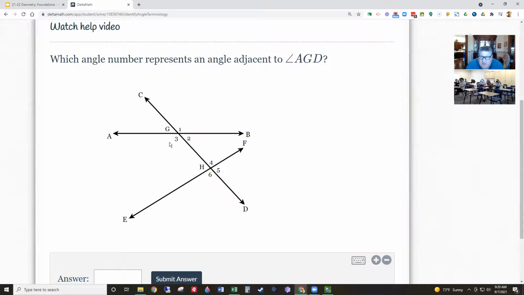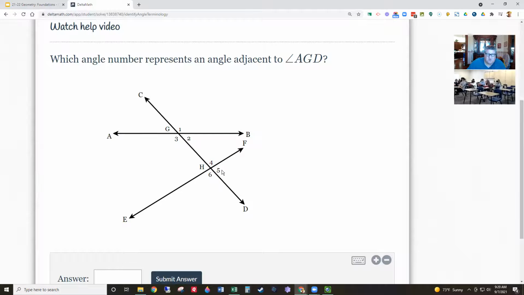So for example, the junior high is adjacent to the high school. It's right next to the high school. So which angle here is adjacent to angle 3? Is it angle 6? Are 6 and 3 adjacent? Are they next to each other?